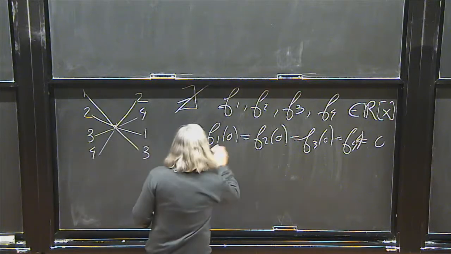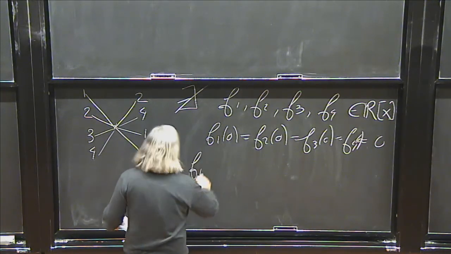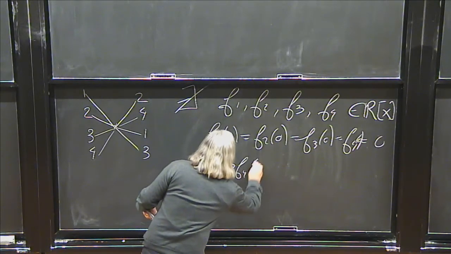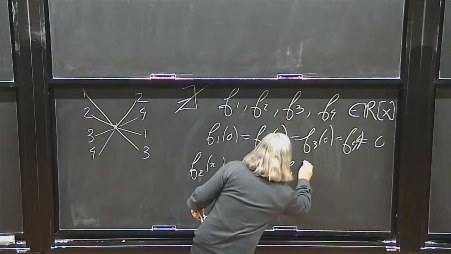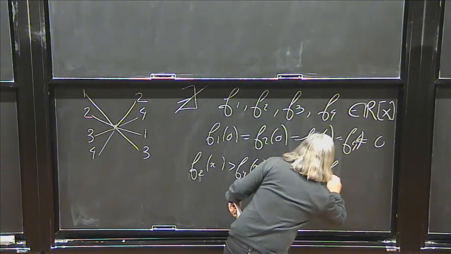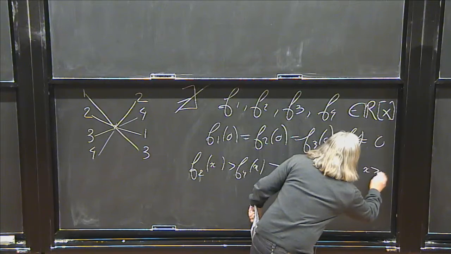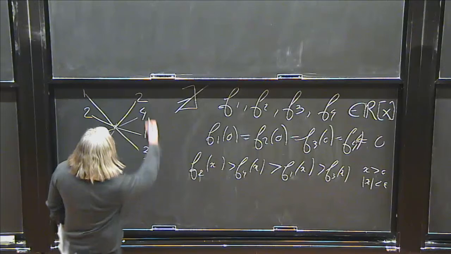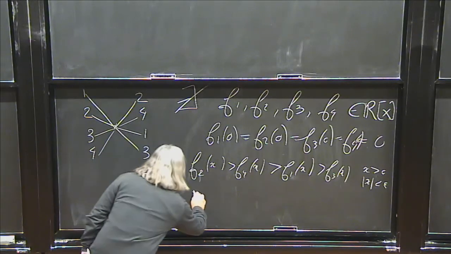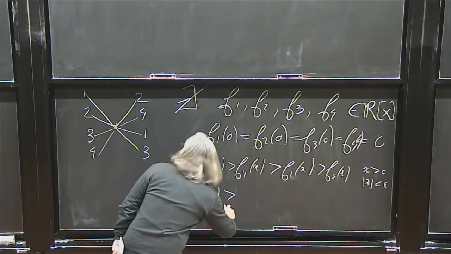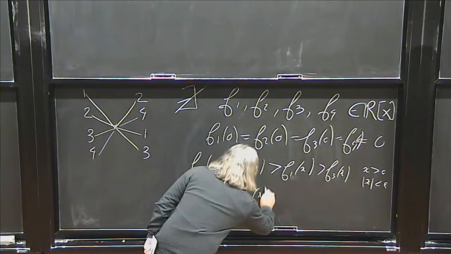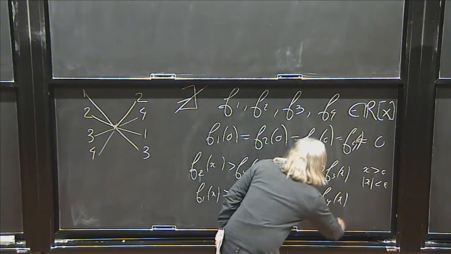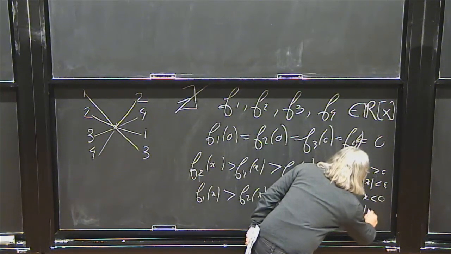So the graphs are like that. So f2(x) is bigger than f4(x), is bigger than f1(x), is bigger than f3(x) for x positive and small. And f1(x) is bigger than f2(x), bigger than f3(x), bigger than f4(x) for x negative and small.